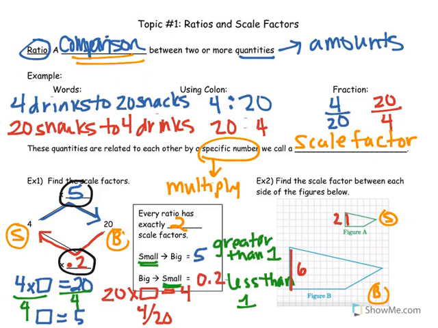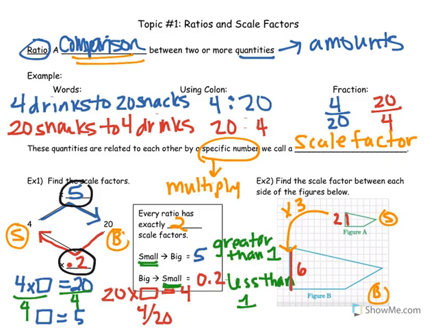So if I'm looking at these two numbers, there's one number that I can multiply 2 by to get to 6. Notice I'm going from small to big, so this better be greater than 1. It's 2 times 3. Again, if you didn't know, you could do 6 divided by 2 and get 3 to help you. Okay?